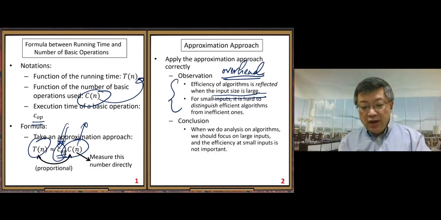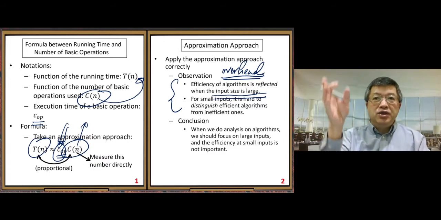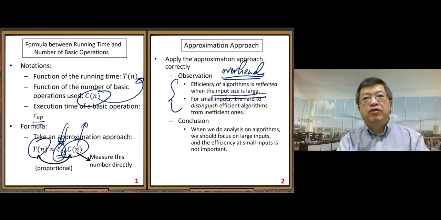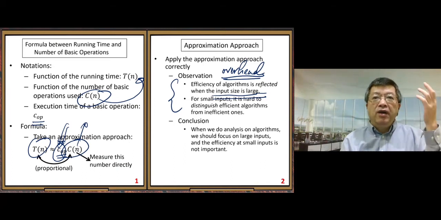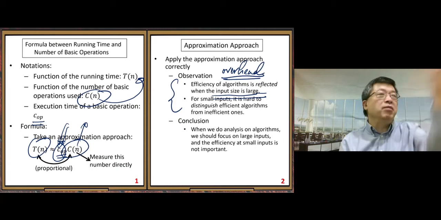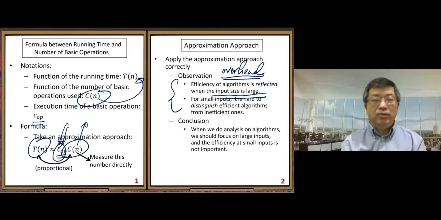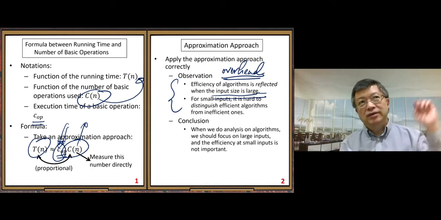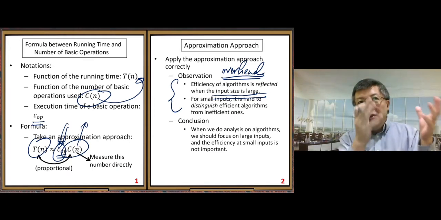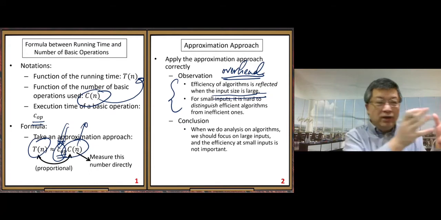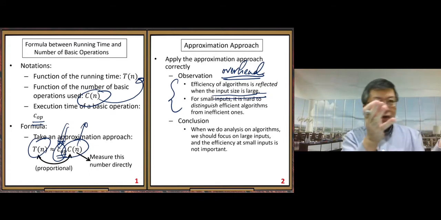Conclusion. When we do analysis on algorithms, we should focus on large inputs, and efficiency at small inputs is not important. So for some really good algorithm, when the input size is small, it does not do well.